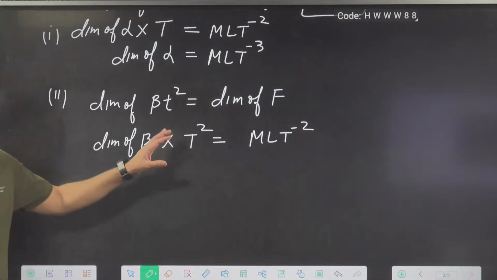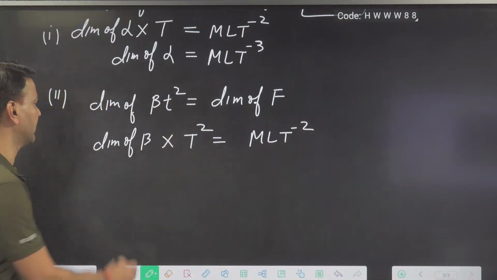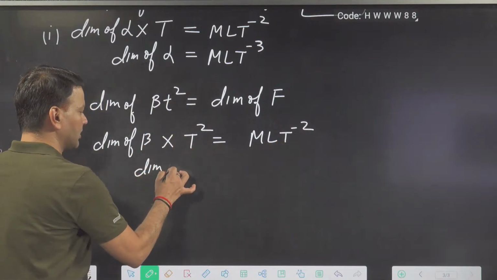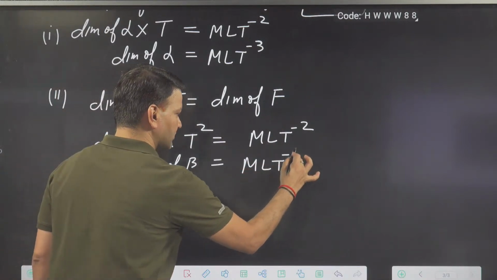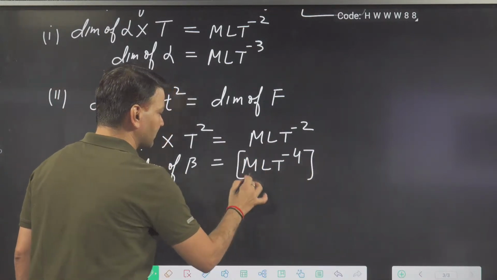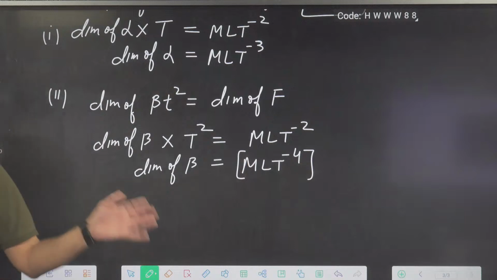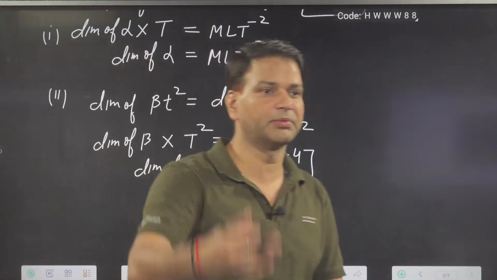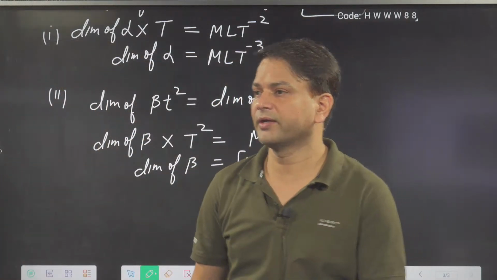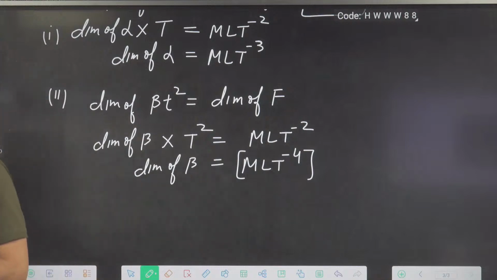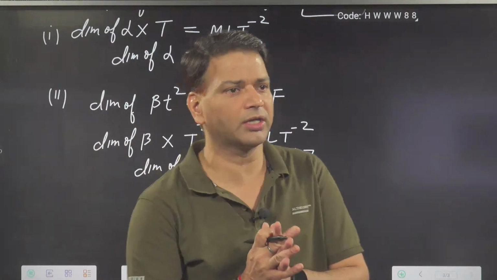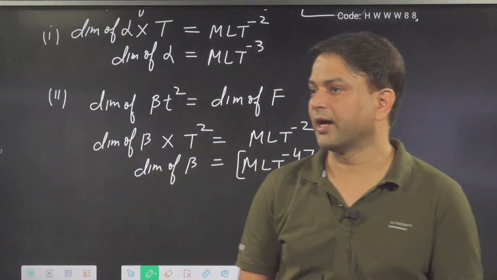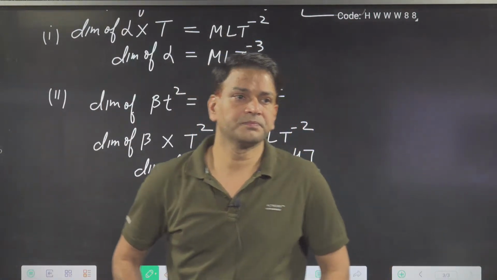Now T square will come in the denominator. Then the dimension of beta is MLT minus 4. I'm expecting that everybody knows this much mathematics: it will come down as T square, then become T to the power minus 4. Everybody got or not? So dimension of beta is MLT minus 4. Dimension of alpha is MLT minus 3. Up to this everybody got?